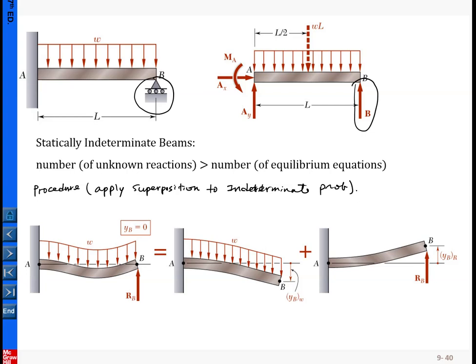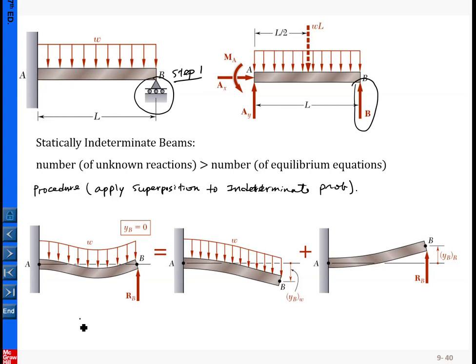We pick a support, for example here I pick the support at B, and replace the support by a reaction.